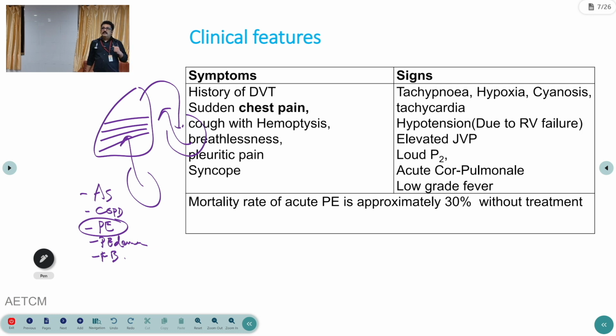Hypotension due to RV failure, elevated JVP, loud P2, acute cor pulmonale, acute right ventricular failure, low grade fever. Symptoms like previous history of DVT, sudden chest pain, cough, hemoptysis, pleuritic chest pain, syncopal attack due to hypotension, all these things also can occur. Mortality rate is somewhere around 30% without any major treatment.